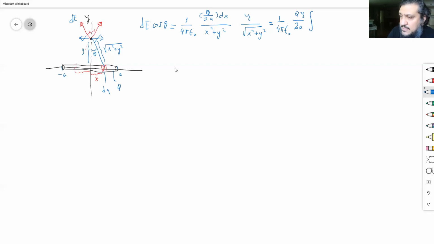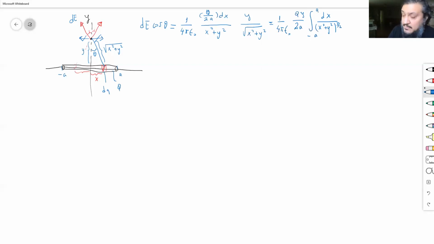The integral will be from negative a to positive a dx divided by x squared plus y squared, to the power 3/2. All right. Now you can either look this up on an integral table, or if you don't want to do that, you can actually find it using some substitutions, right?